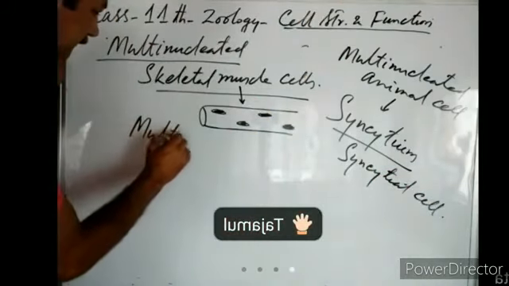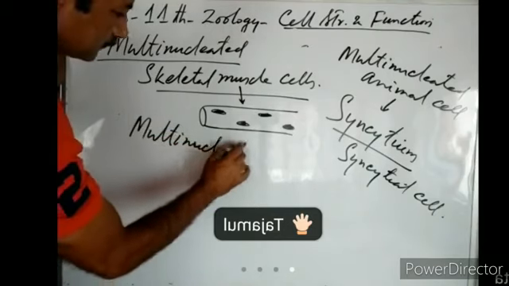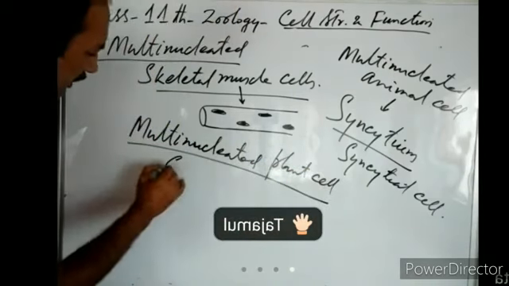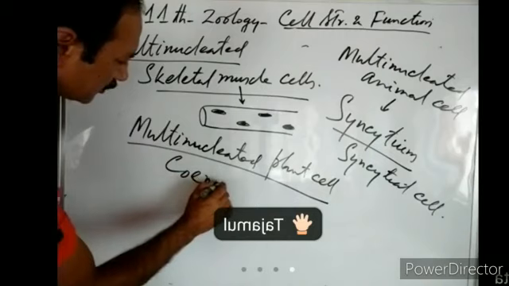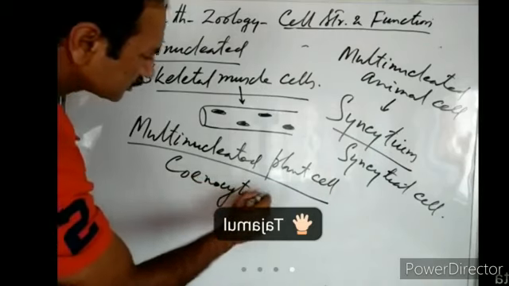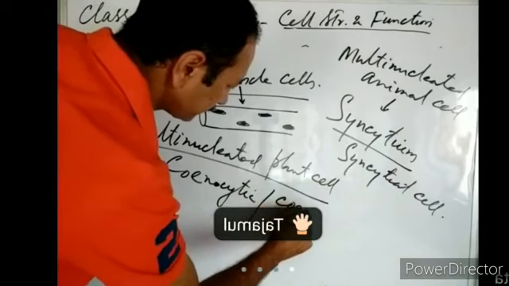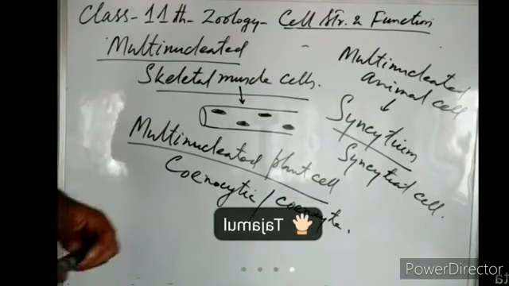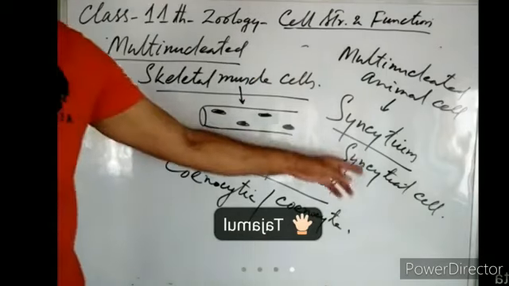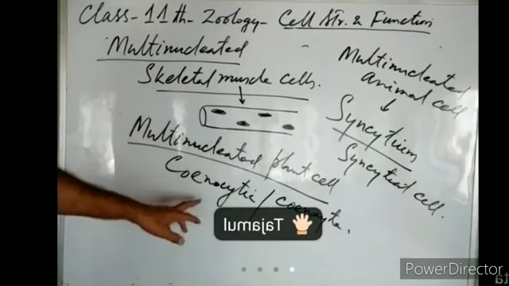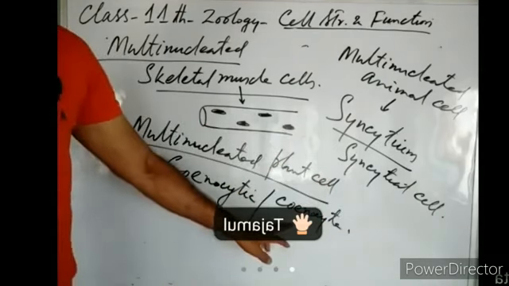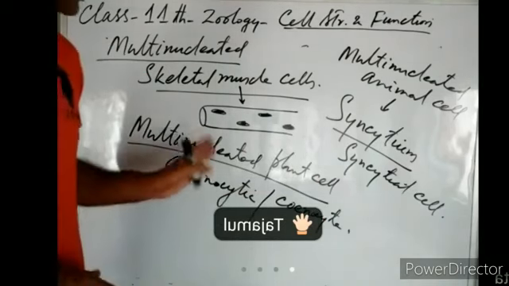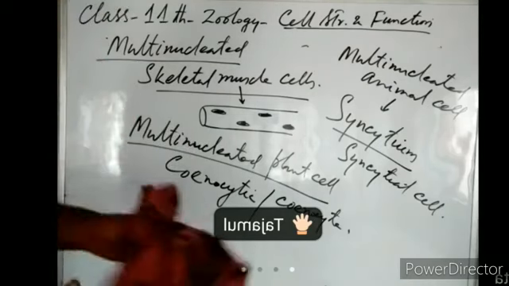A multinucleated plant cell is known as coenocytic, or a coenocyte. You have to remember these two terms. A multinucleated animal cell is known as syncytium or syncytial. A multinucleated plant cell is known as coenocytic or coenocyte, right? So generally cells are uninucleated, but some cells may be binucleated and some are multinucleated. So that is the number of nuclei per cell.